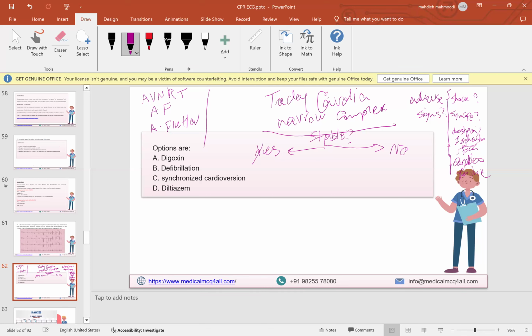I mean acute heart failure, not that the patient tells you he has had congestive heart failure for 5 years. If the patient has any of these 4, we call them adverse signs, and the patient is called unstable.